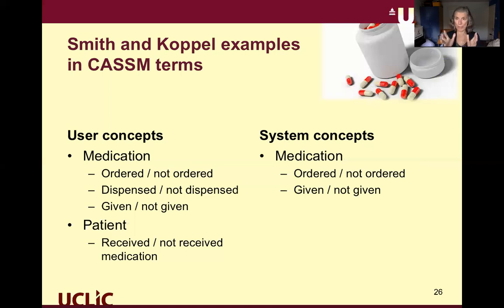So capturing that phase in the pharmacy where the pharmacist actually has to approve the medication order. And then it's either been given or it's not been given. So that kind of captures the second of those examples, the Schrodinger's pharmacy example.